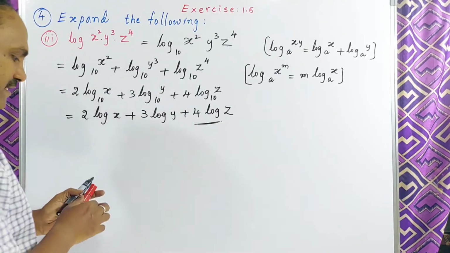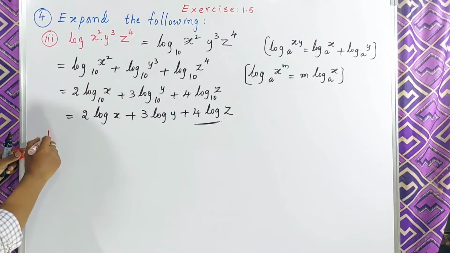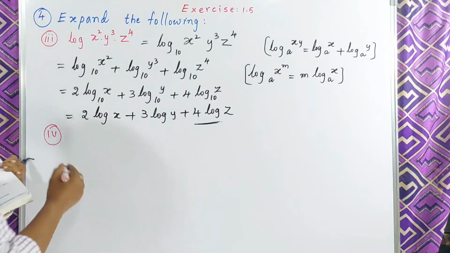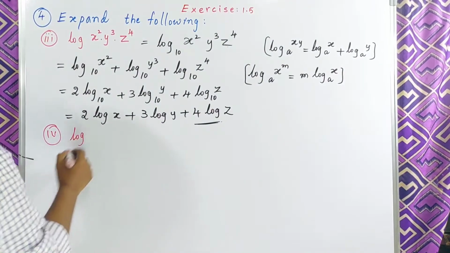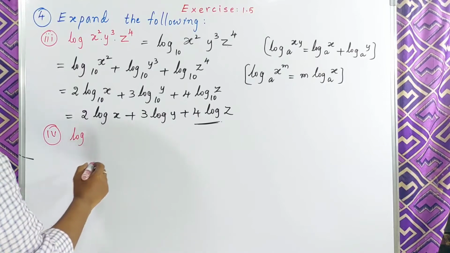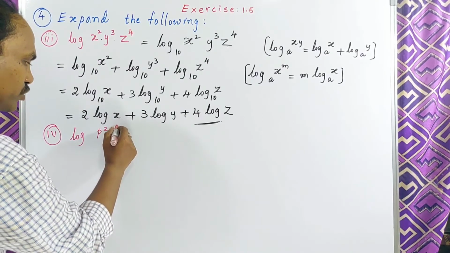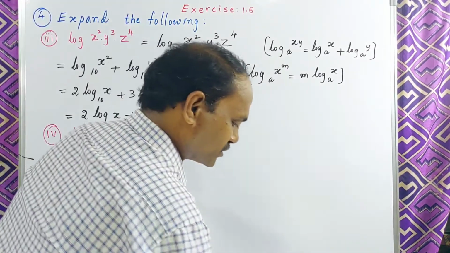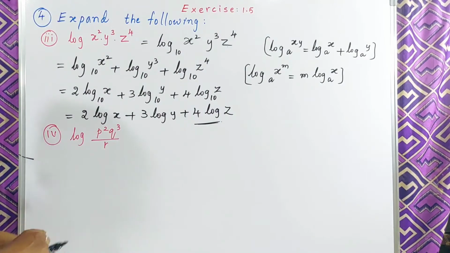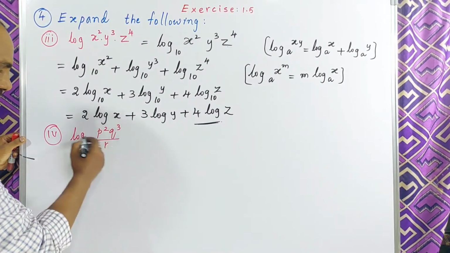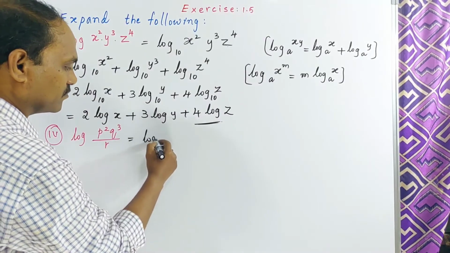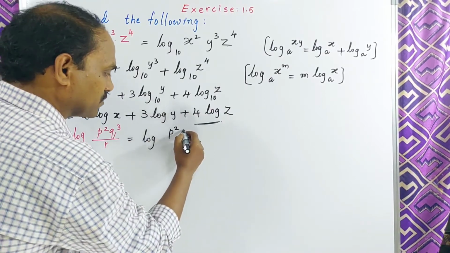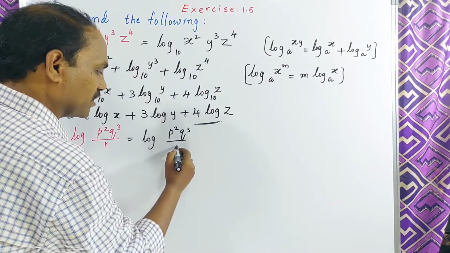Now let us check the next question, the fourth one. What is the fourth question? Log p square q cube by r. This is our question. Now here division is there, so first we will take the base 10, no confusion about that. When you take base 10, you can use the formulas without confusing the base.